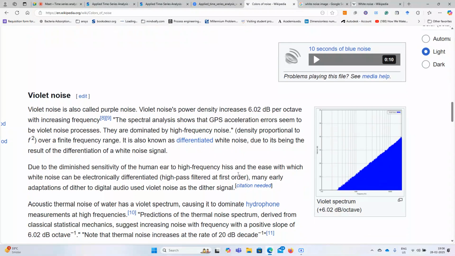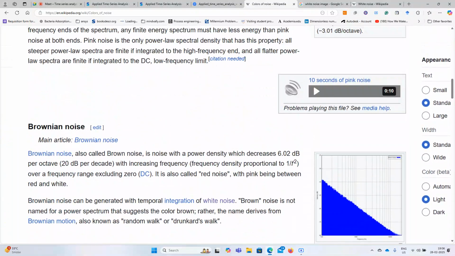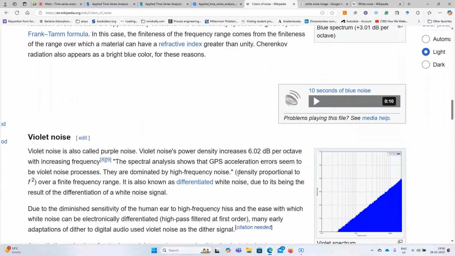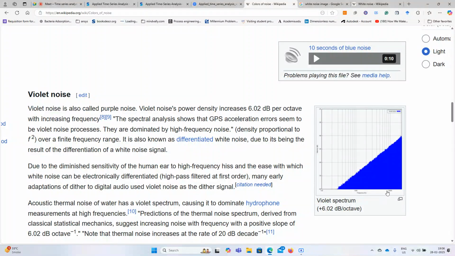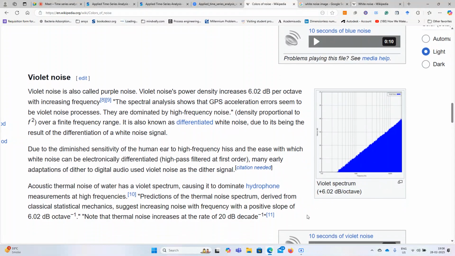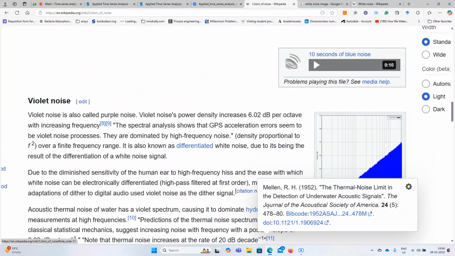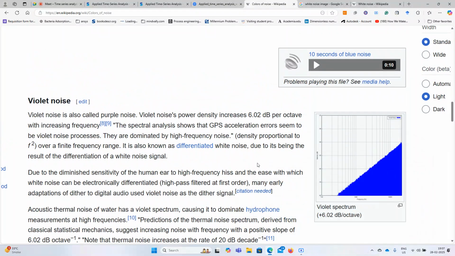So, violet noise is similar to Brownian noise, as you can see in the spectrum, but it is not defined as the opposite of Brownian noise, because Brownian noise has some specific phenomena related to it.